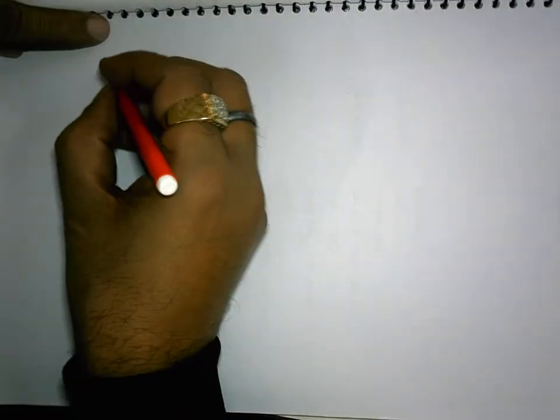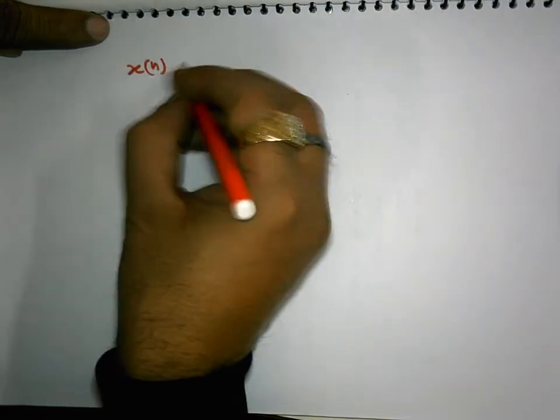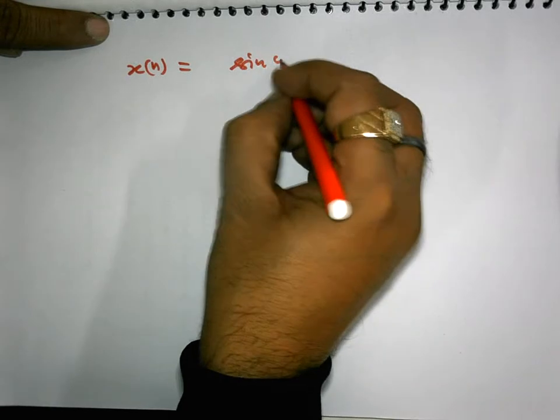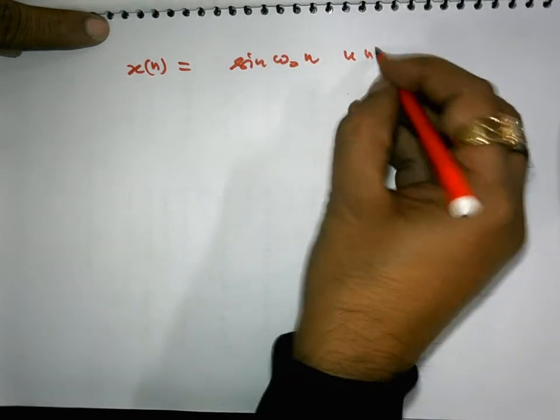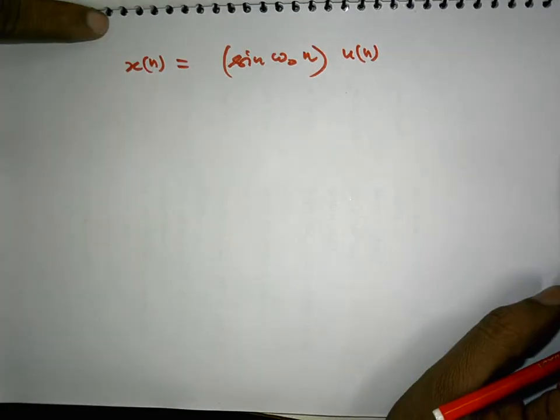For this signal, we have to evaluate the z transform of x[n] equal to sin omega 0 n u[n]. This I will leave as an exercise for you.